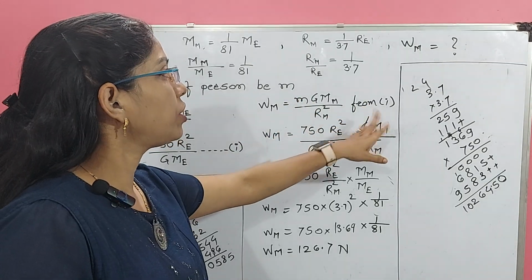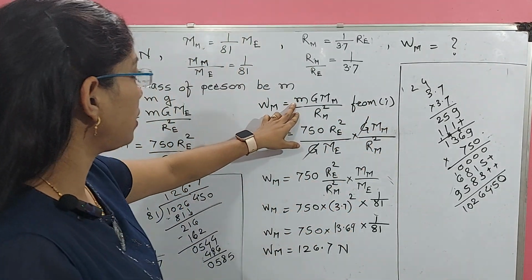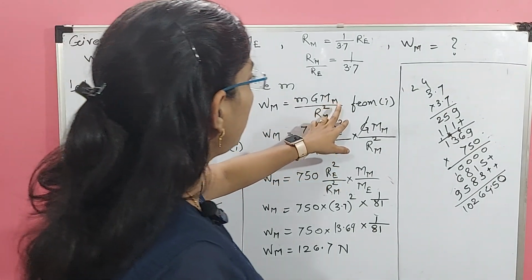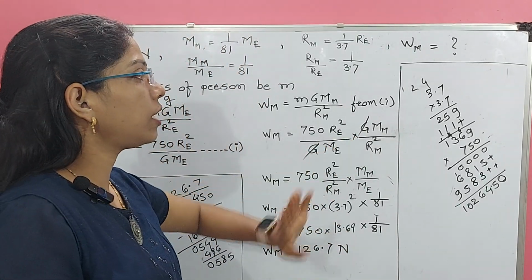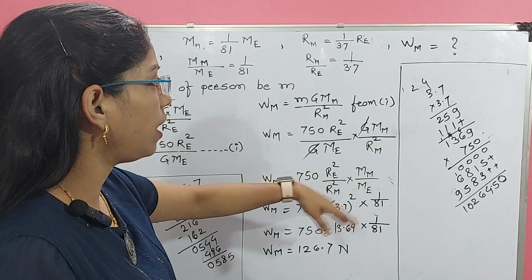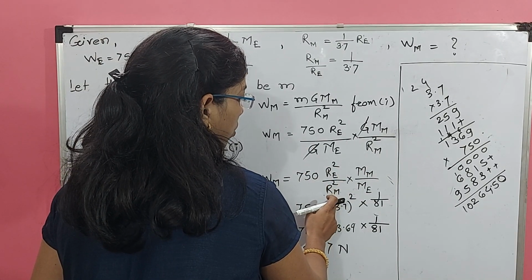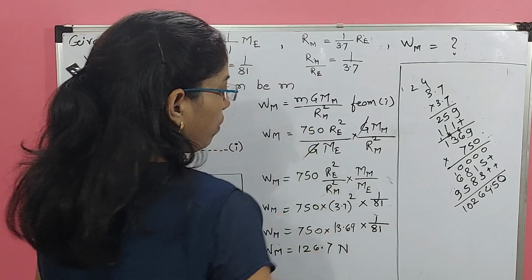From equation 1 we put the value of m here. As G is the universal gravitational constant, it gets cancelled, and we get 750 into radius of earth upon radius of moon whole square into mass of moon upon mass of earth.